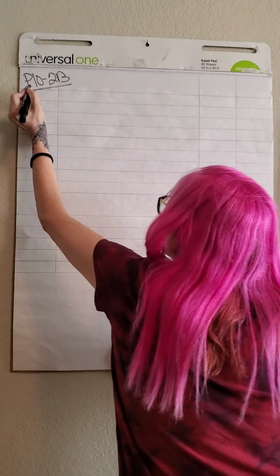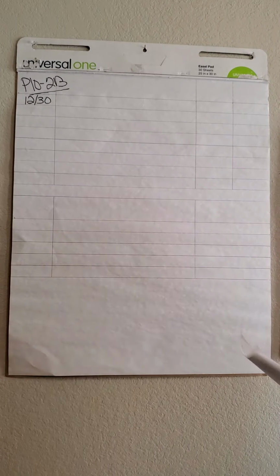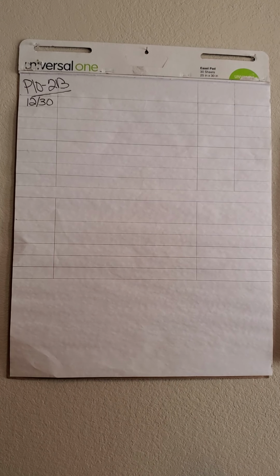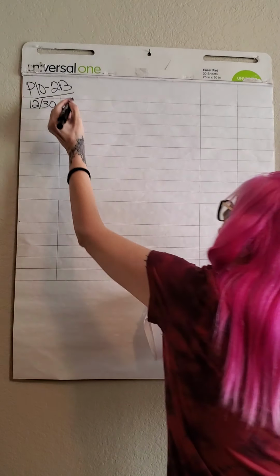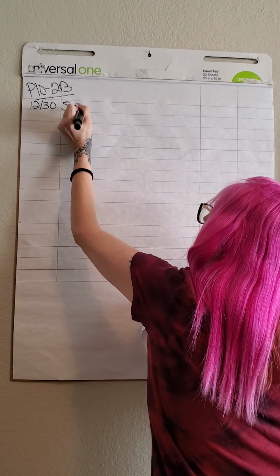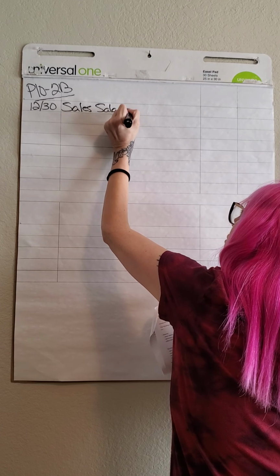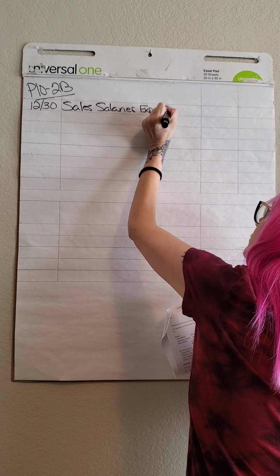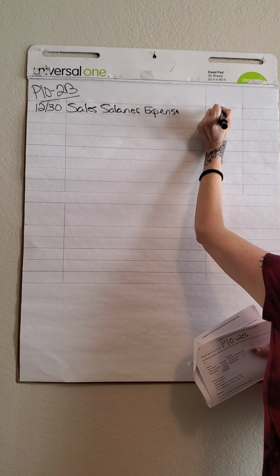So on 12/30, this is going to be a really long journal entry. So we're going to make 3 debits for the different kinds of salary expense. So we're going to do each of those separately. So we're going to have sales salaries expense, and that is $625,000.